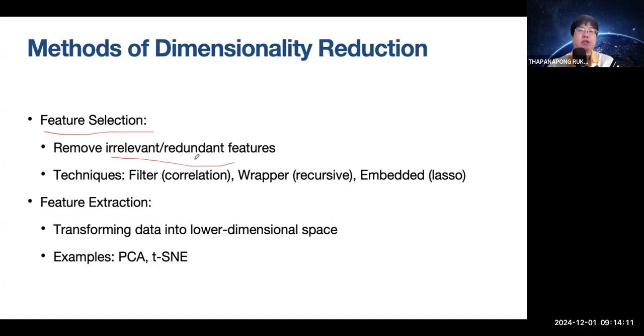There are techniques where you find the correlation between each column, and then you can remove the columns that have low correlation or maybe high correlation, right? Because if two columns have high correlation with each other, you can infer one column from the other. So it's better to just include one and not worry about the other.